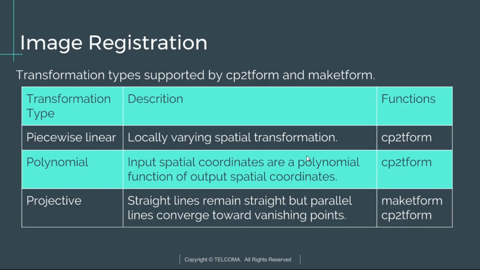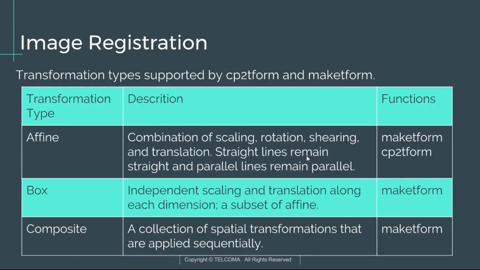So these are the 9 transformation types supported by cp2tform and maketform in the image registration process. You can pause your video here and go through these 9 types by yourself.